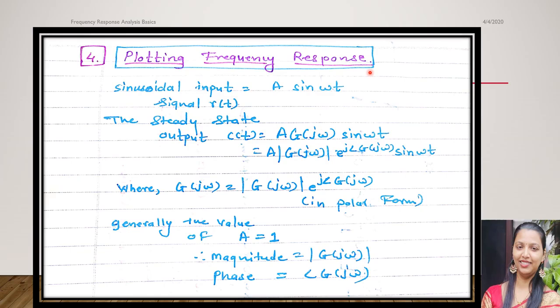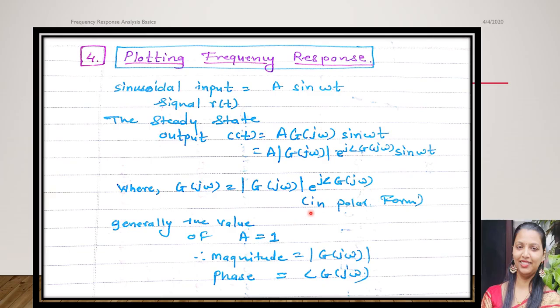We have already studied that when a sinusoidal signal A sin ωt is applied to the system, the steady state output is also a sinusoidal signal with a change in magnitude and phase given by c(t) equal to A G(jω) sin ωt, equal to A magnitude G(jω) into e raised to j angle G(jω) sin ωt, where G(jω) is equal to magnitude G(jω) e raised to j at an angle G(jω).